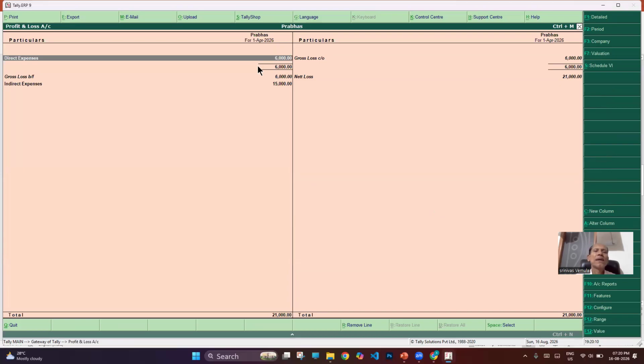See, direct expenses 6,000, indirect expenses 15,000, about 21,000 like this. Gross loss, net loss. So in a single click, we can see the profit and loss account.